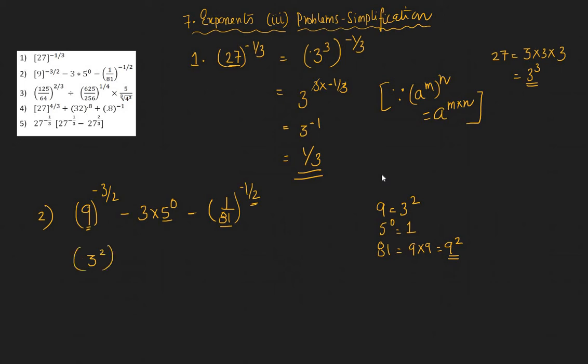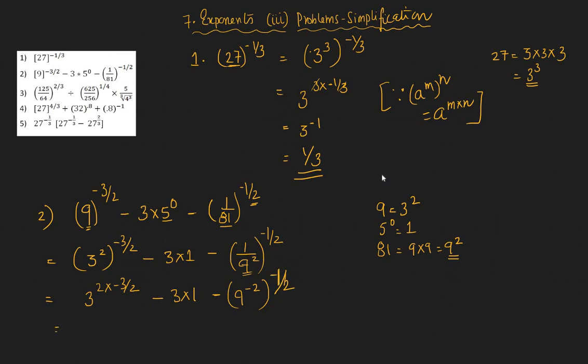So you can say 3 squared power minus 3 by 2 minus 3 into 1 minus 1 by 9 squared power minus half. Or in other words, I can say this is 3 power 2 into minus 3 by 2, minus 3 into 1, minus, I can write this 9 square as 9 power minus 2, the whole power minus half.